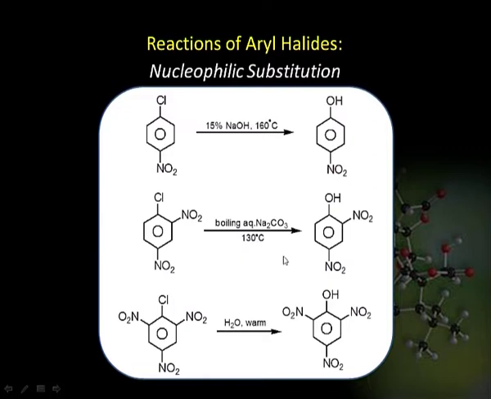Instead of a strong base, sodium carbonate, a milder base, can be used and we can get a substituted product. In case of the presence of three nitro groups, this chlorine atom can be easily replaced by hydroxy just by warming it in solvent water.